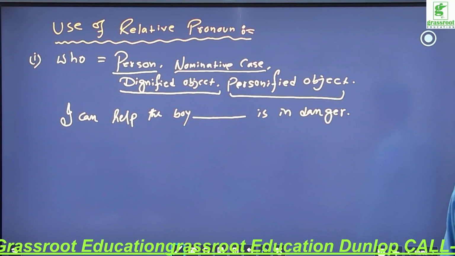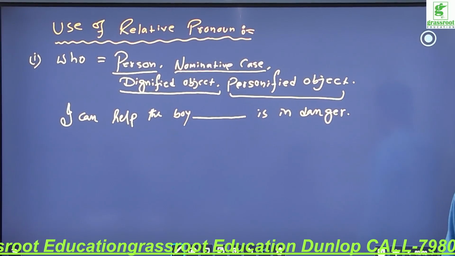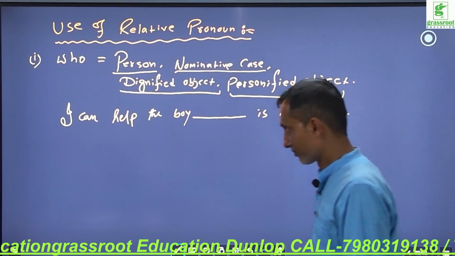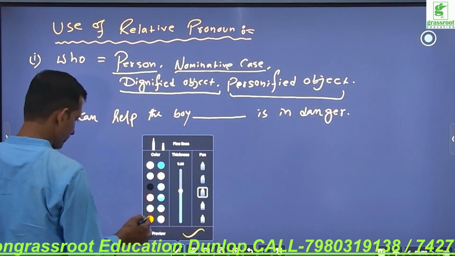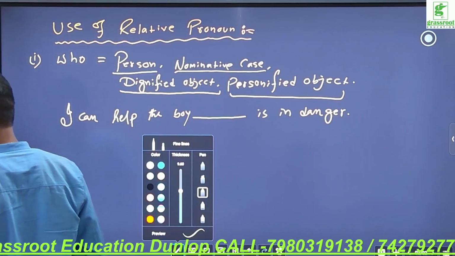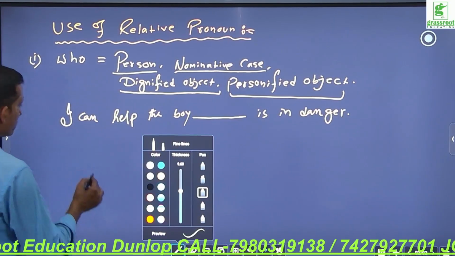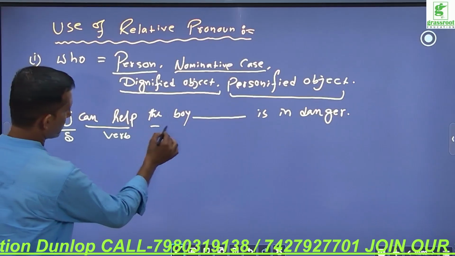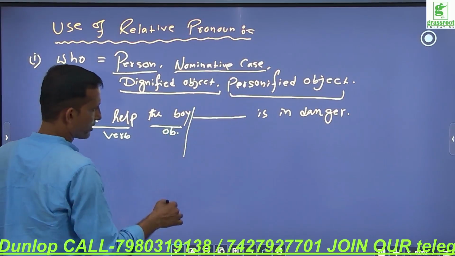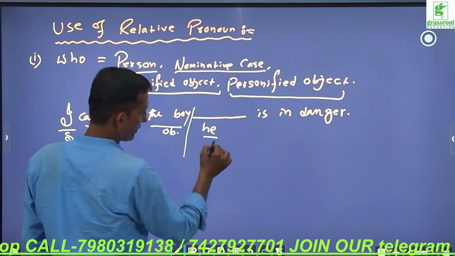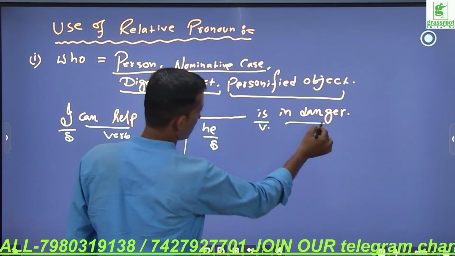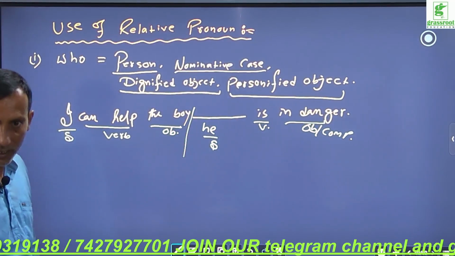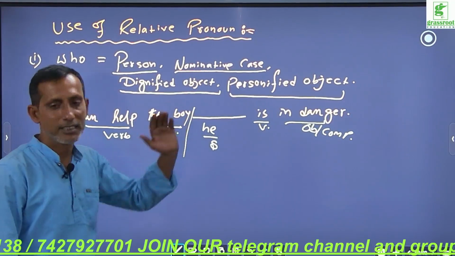That means I can help the boy, who is in danger. Look at it: I is subject, can help verb, the boy object. Next, it should be he is the subject and verb. I can help the boy, he is in danger.